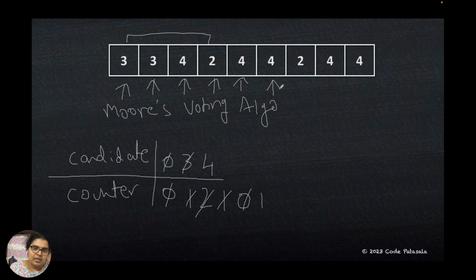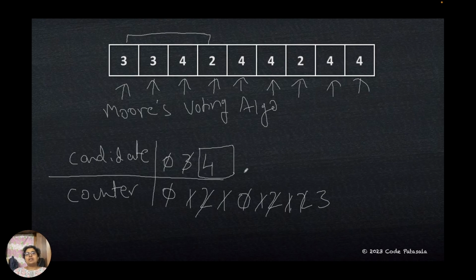At the next step, it is same as the candidate, so we increment the counter to 2. At the next step, it is not same as the candidate, so we decrement. For the next two places, they are same as the candidate, so we just increment the counter on each occurrence. Finally, the candidate that we are left with is 4, which will be our answer.